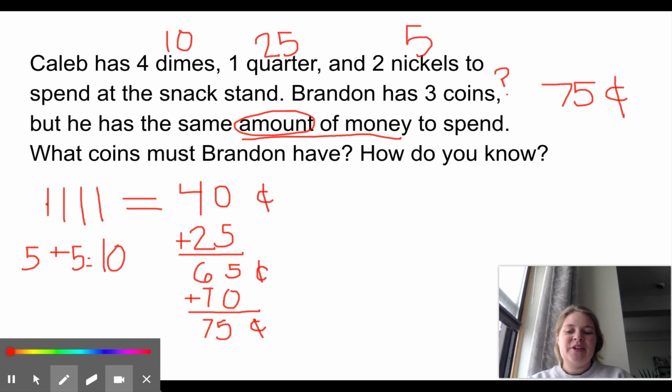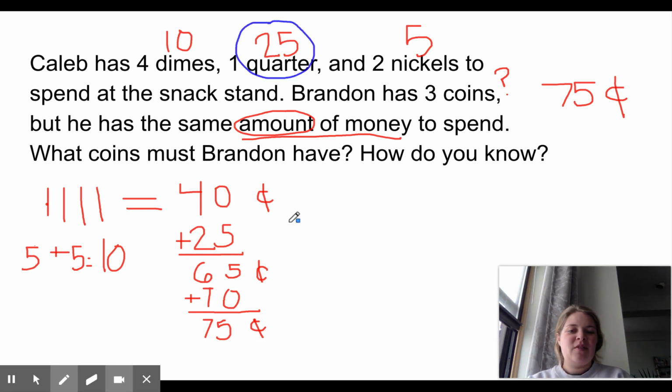Second graders, we're going to go back to our ideas of skip counting for quarters. When we skip count quarters or 25, we go 25, 50, and then 75. So how many quarters would that be?